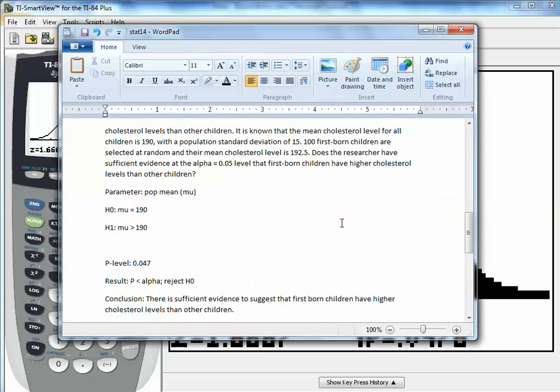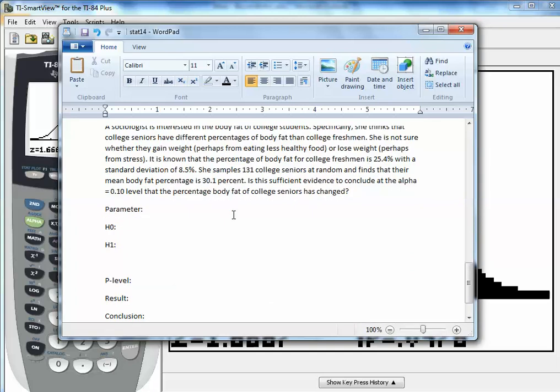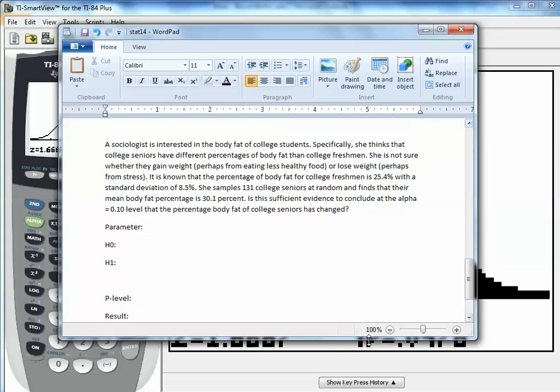Let's see another example. A sociologist is interested in the body fat percentage of college students. She thinks that college seniors have different percentages of body fat than freshmen.